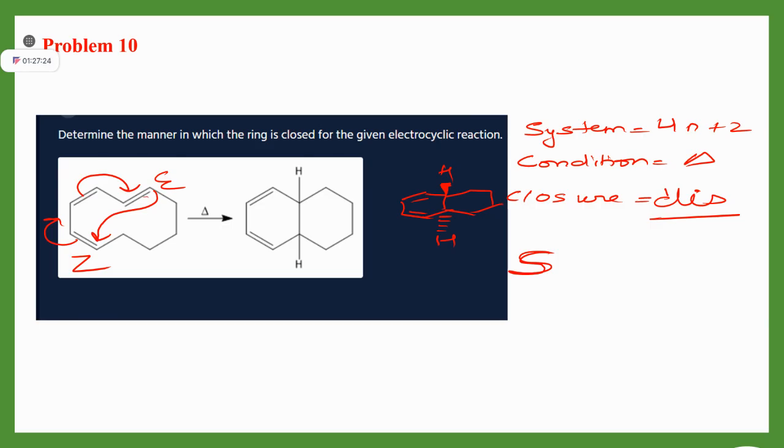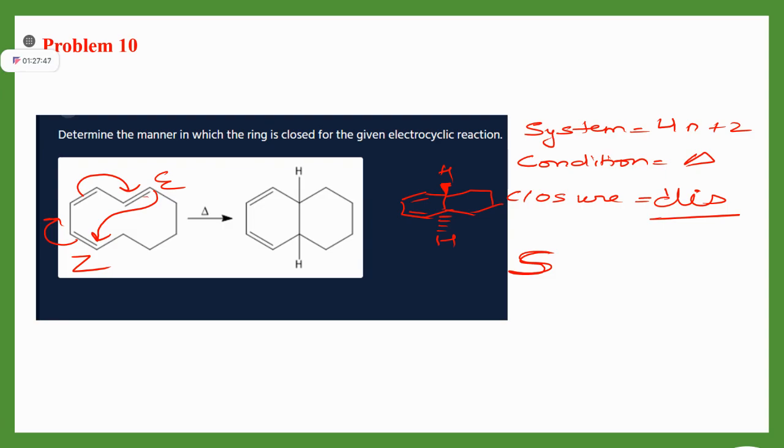Either electrocyclic ring opening or electrocyclic ring closing. After that, you should know what type of system it is, either 4n system or 4n plus 2 system. Then you should know what condition is given, heating or thermal.